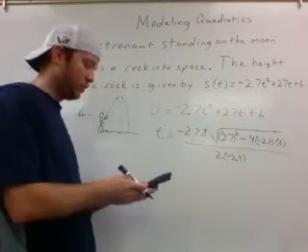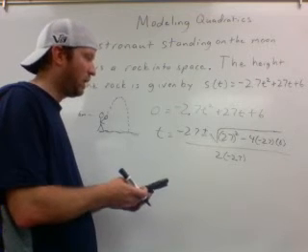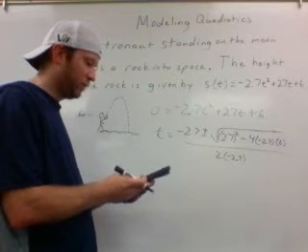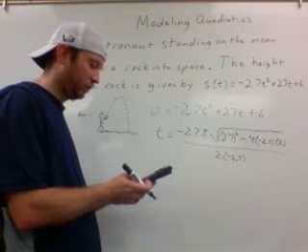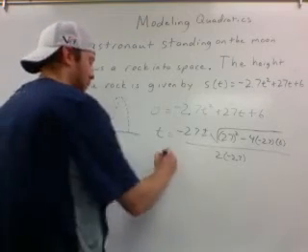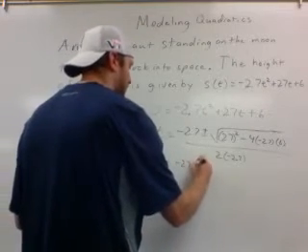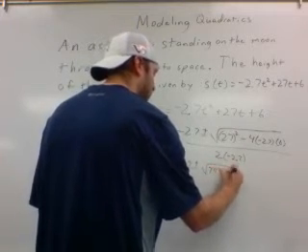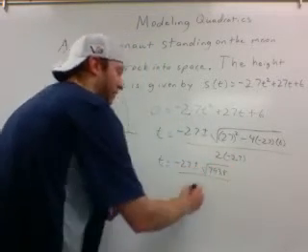So 27 squared minus 4 times negative 2.7 times 6. That ends up being 793.8. So I get negative 27 plus or minus the square root of 793.8 over negative 5.4.